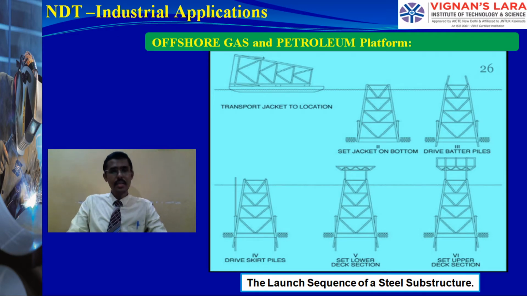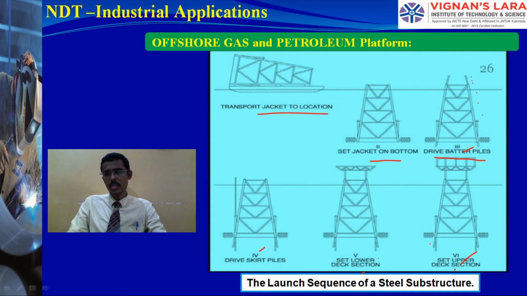How do they make these offshore tower plants? First, transportation of the jacket to the location, then setting up one by one. See, set up the jacket at the bottom, and then drive the batter piles one by one. They are increasing, one by one. Then the third step, the fourth step, the skid piles, then the lower deck, and then the upper deck.